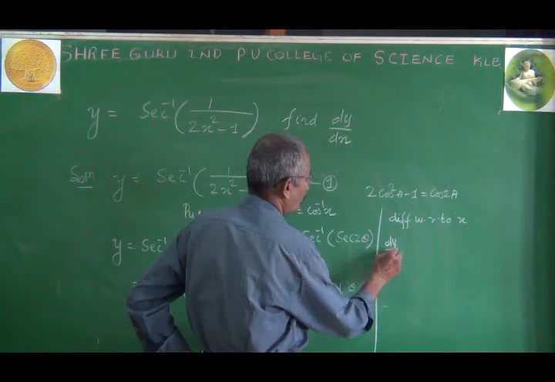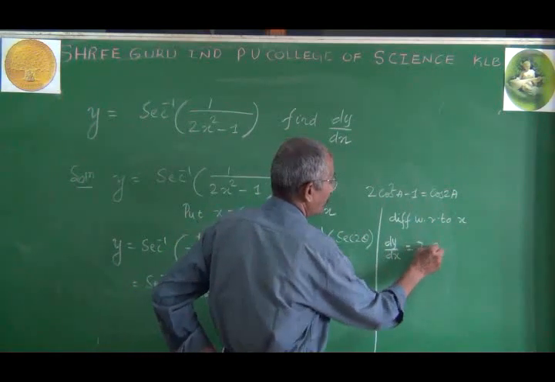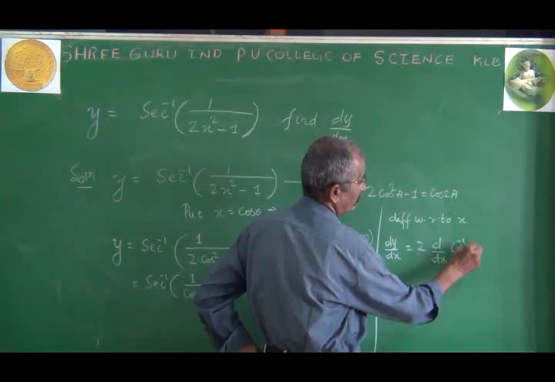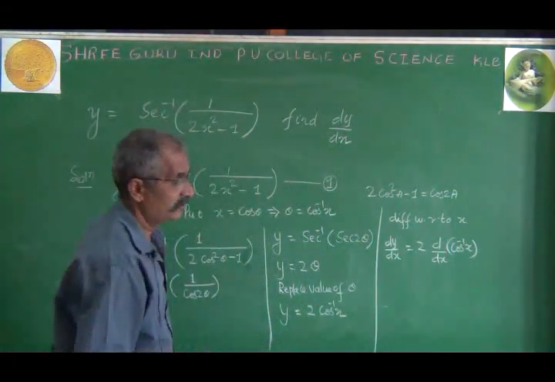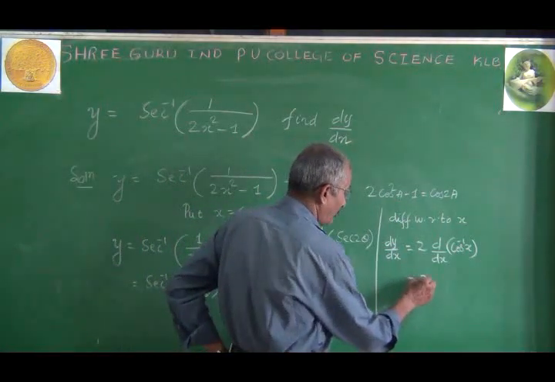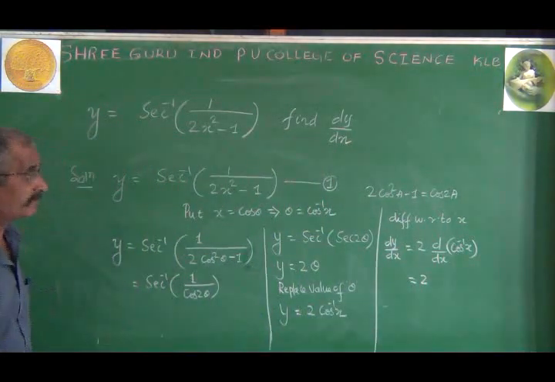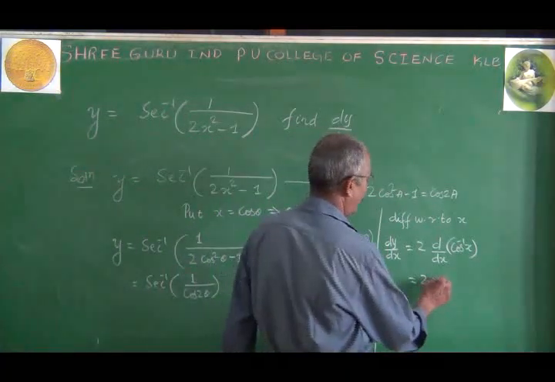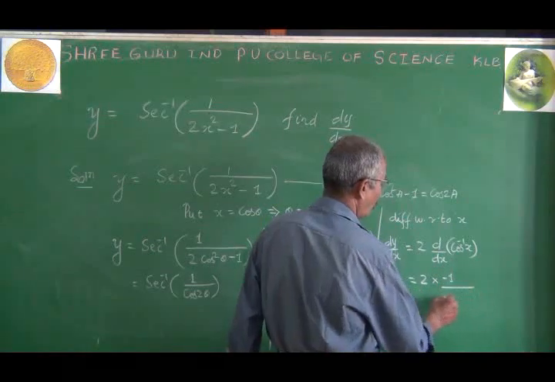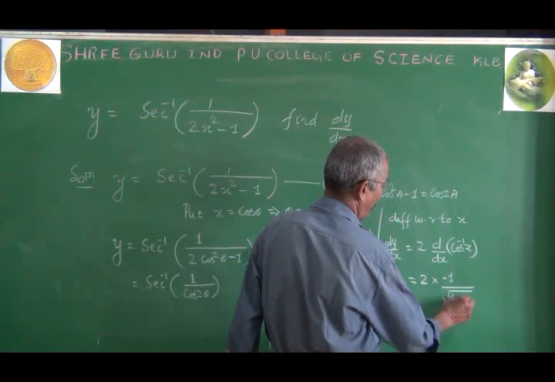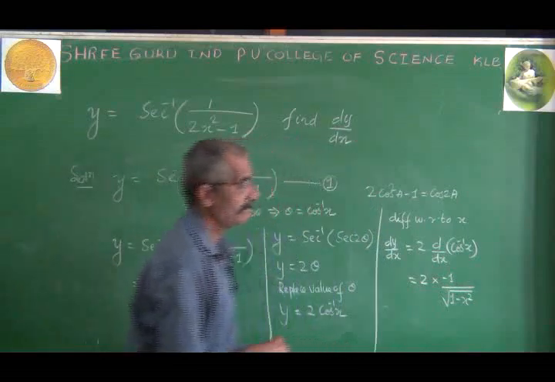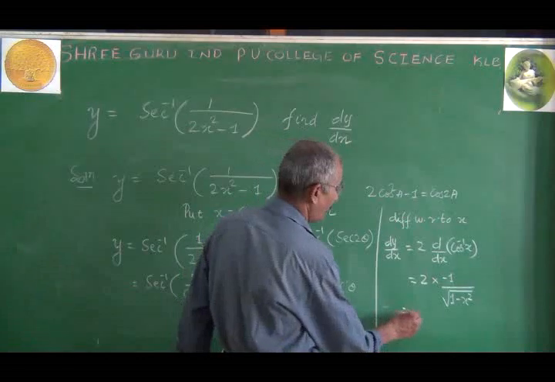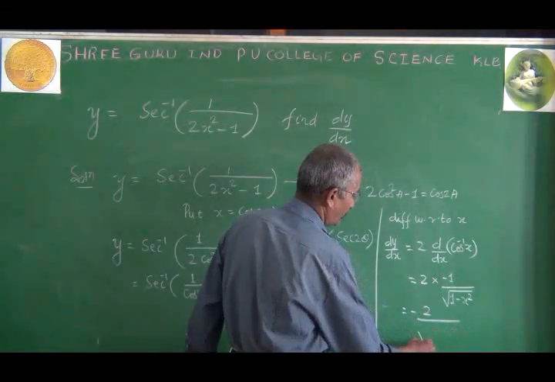On the right side, 2 can be kept out, into differentiation of cos inverse of x. By the standard formula, differentiation of cos inverse x is minus 1 by square root of 1 minus x square. That is 2 into minus 1 divided by root of 1 minus x square, which may be written as minus 2 divided by root of 1 minus x square.